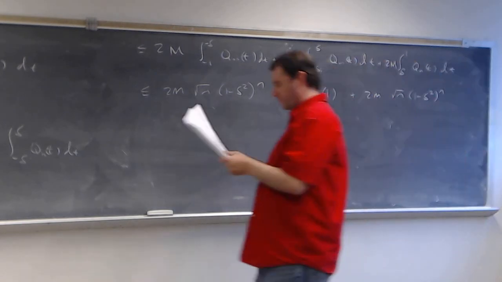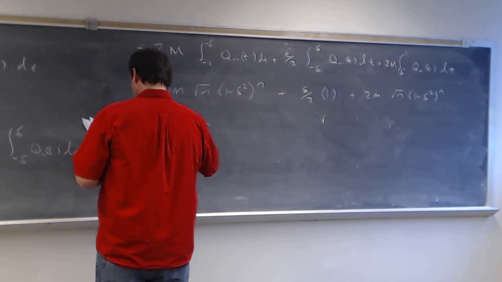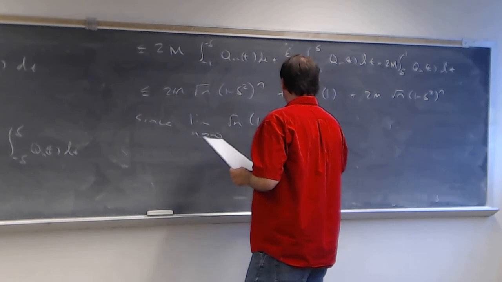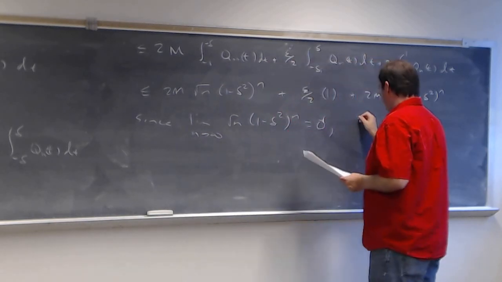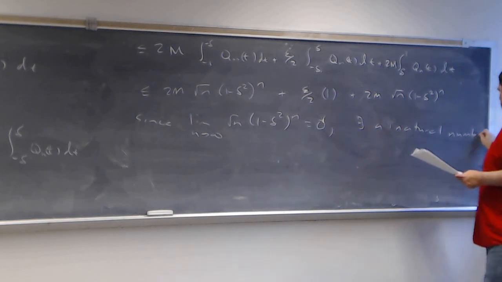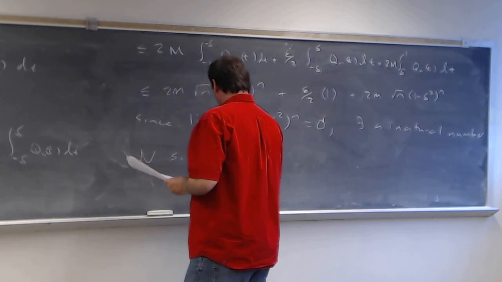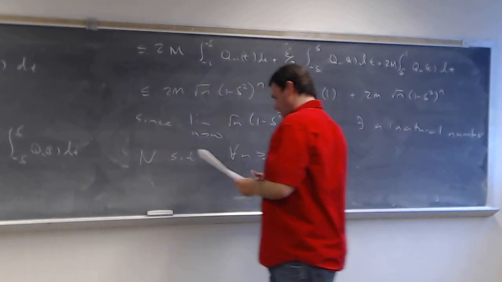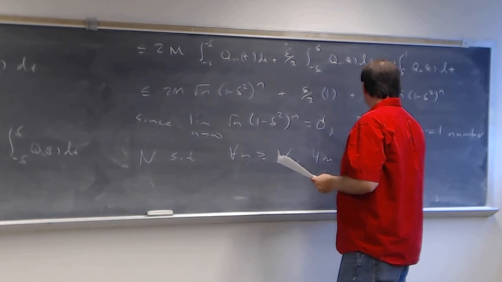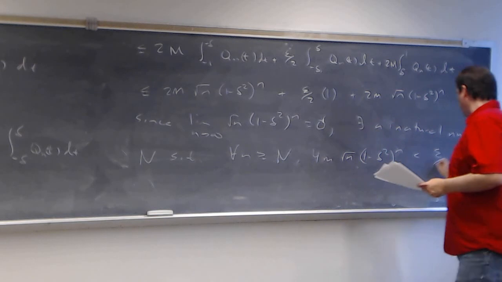Okay. And so since the limit as n goes to infinity of the square root of n times (1 minus delta squared) raised to n equals 0, there exists a natural number big N such that for all n bigger than or equal to this big N, 4m times the square root of n times (1 minus delta squared) raised to n will be less than epsilon over 2.